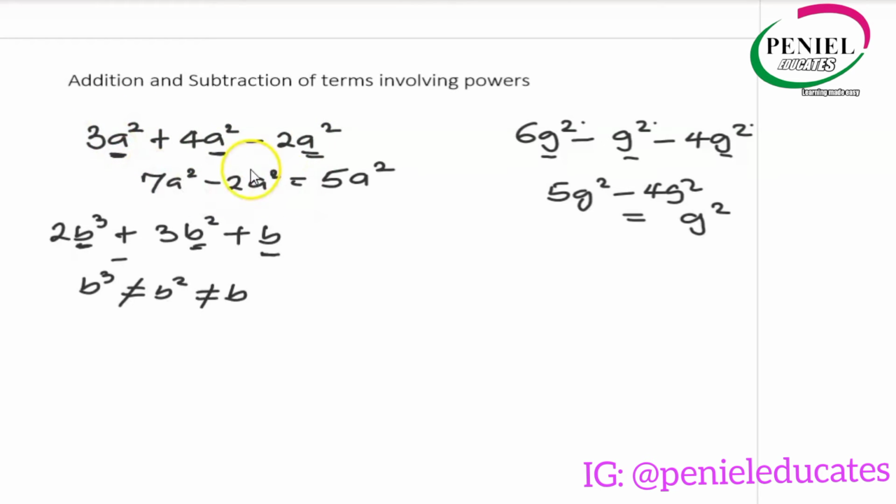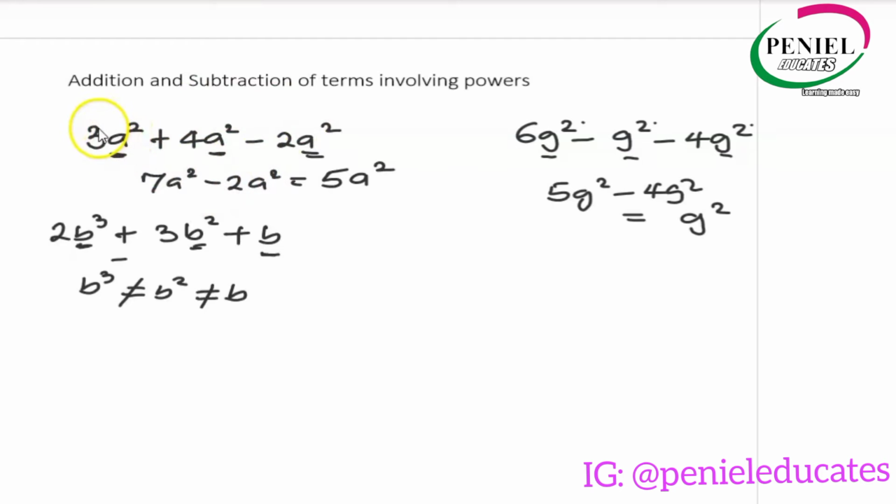Now see, you are bringing people that have the same surname together. So maybe this a means apple. We have 3 apples squared, 4 apples squared, minus 2 apples squared. They are all family of apple squared.